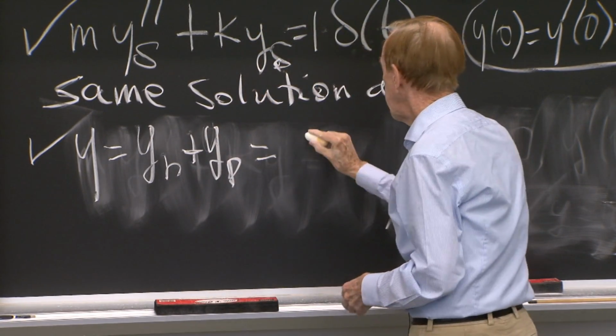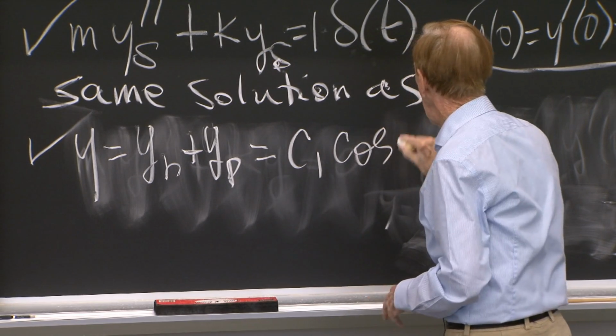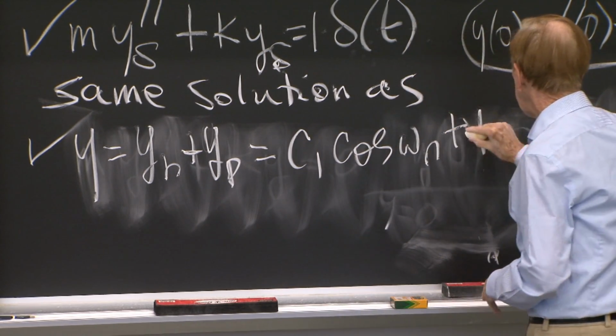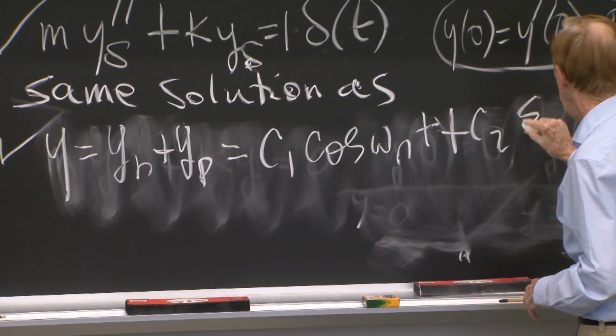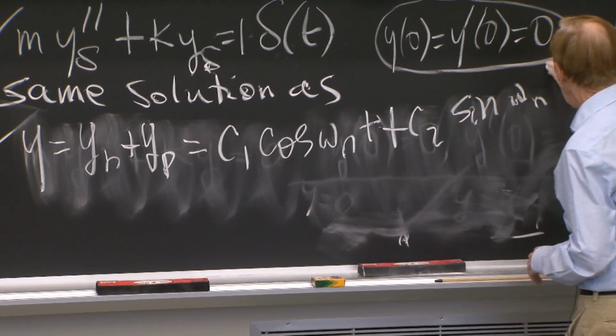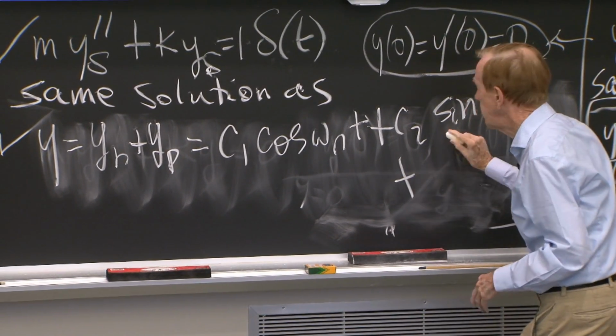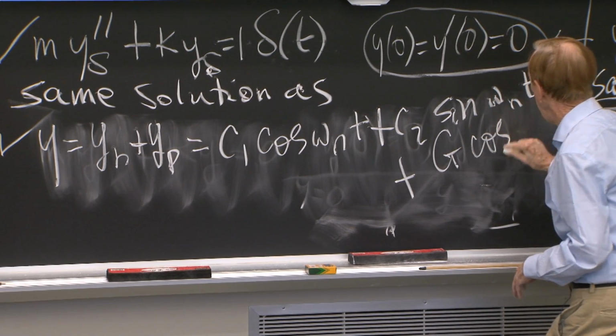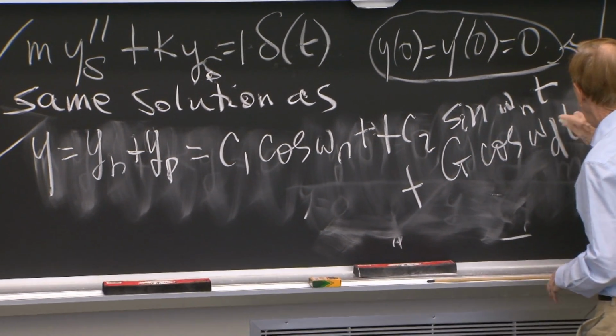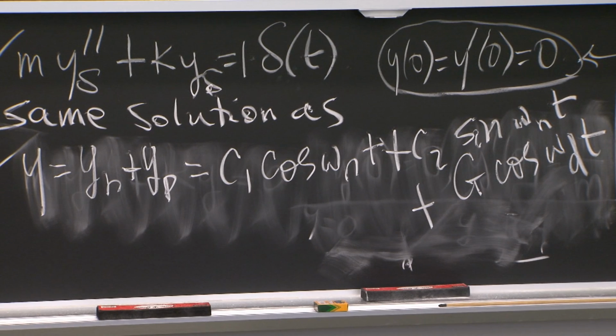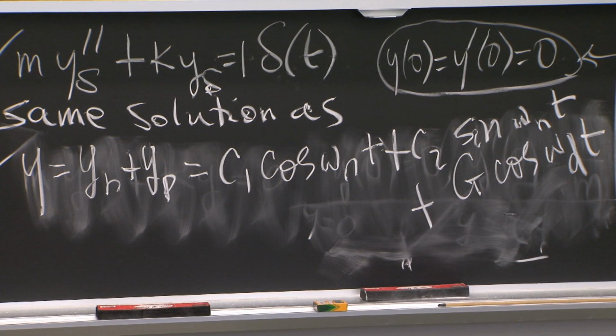So it's some c1 cos omega nt plus some c2 sine omega nt plus this particular guy g cosine of omega dt. All correct. But now put in the initial conditions.